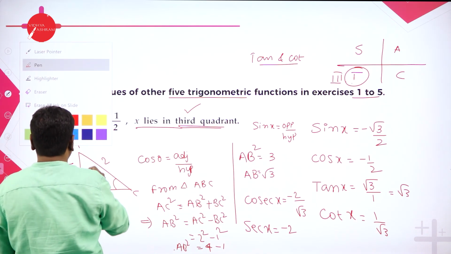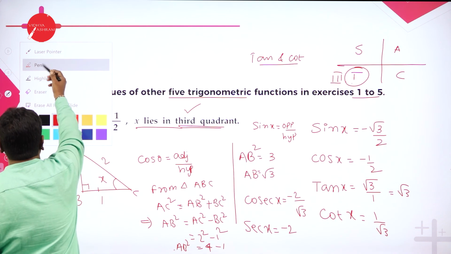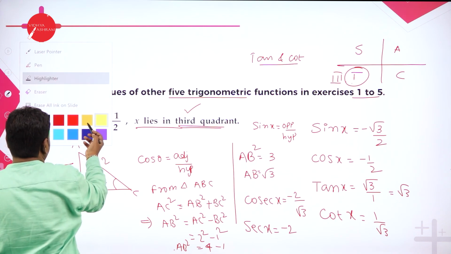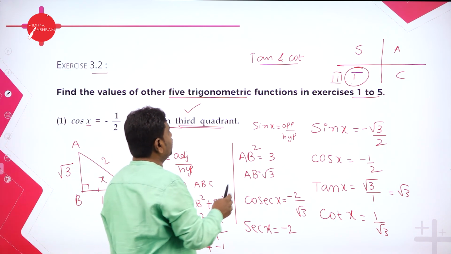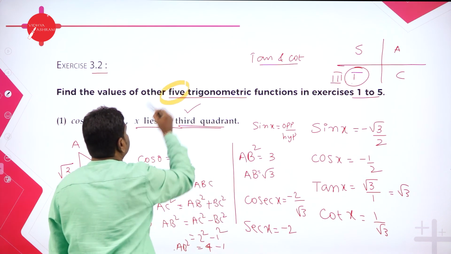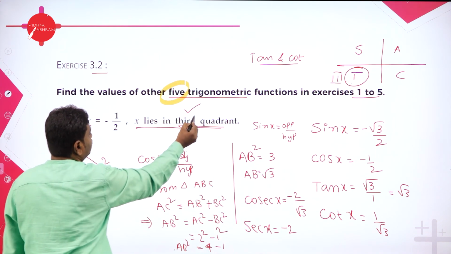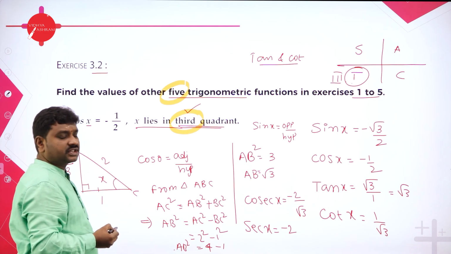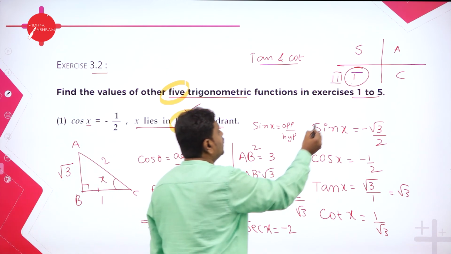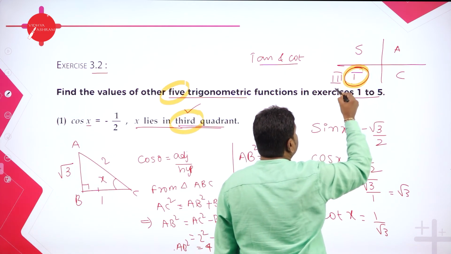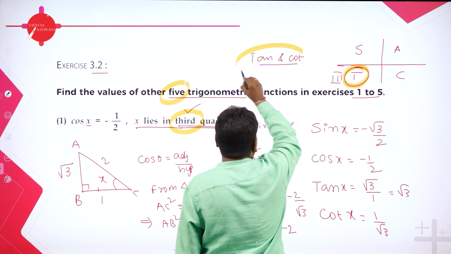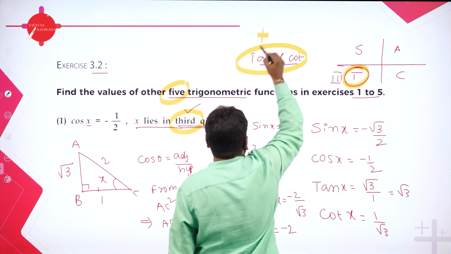So now we will conclude. First, they want you to find all the 5 trigonometric functions. The basic is here. They told it is in third quadrant. Since it's in third quadrant, only tan is positive and its reciprocal cot. These two are positive. Remaining all are negative.